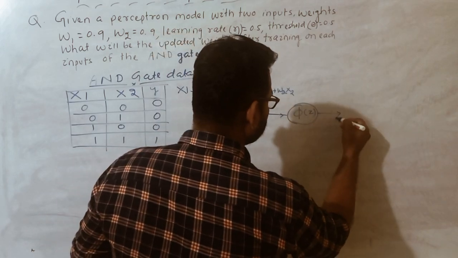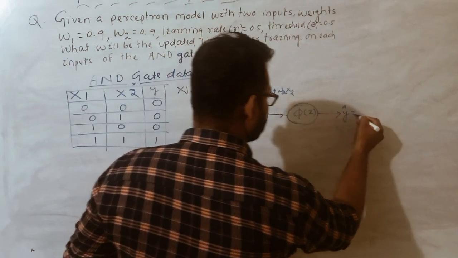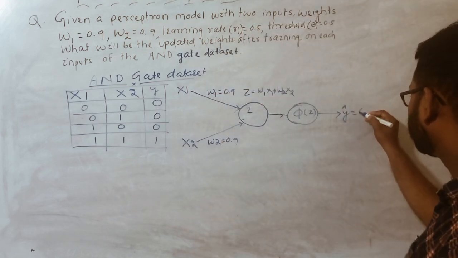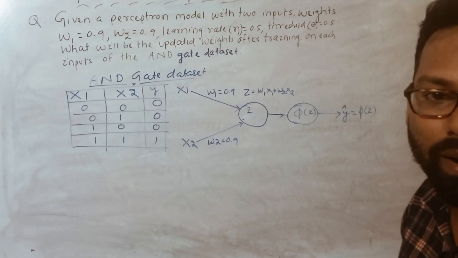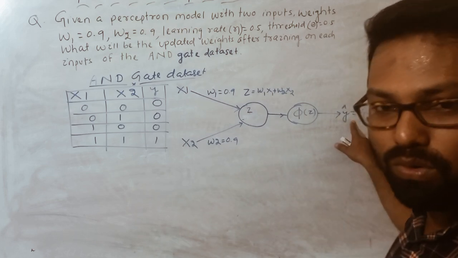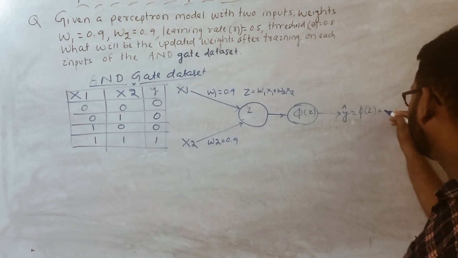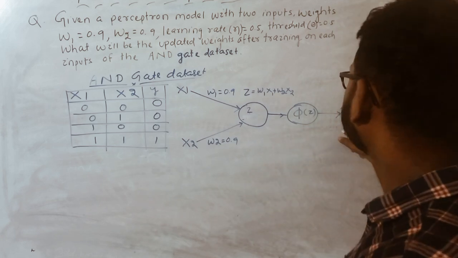It is going to produce output y, here named y cap. I can write y cap as a function of z. How is it going to provide the output? All of you know what the step function is. How do we find y cap?